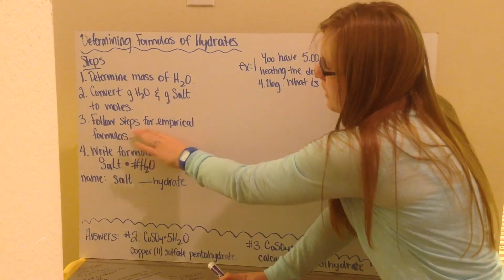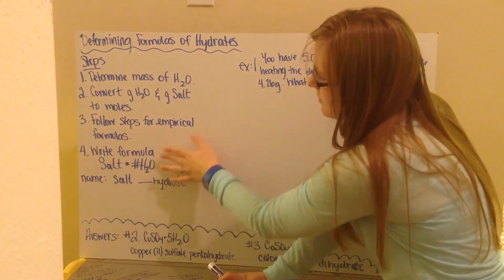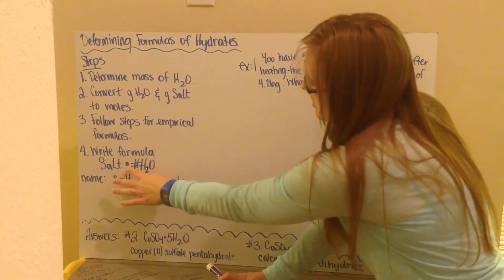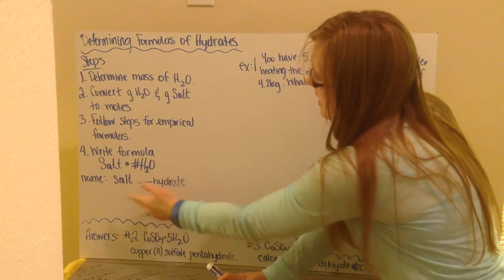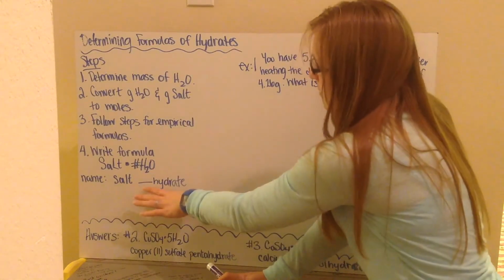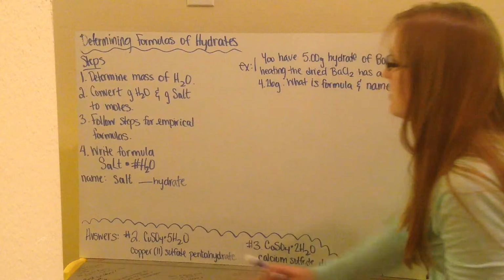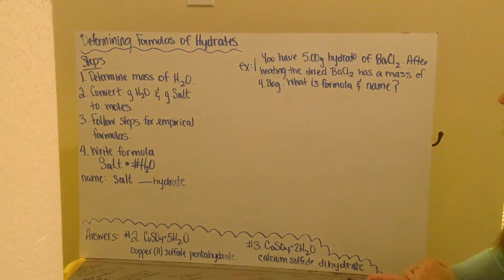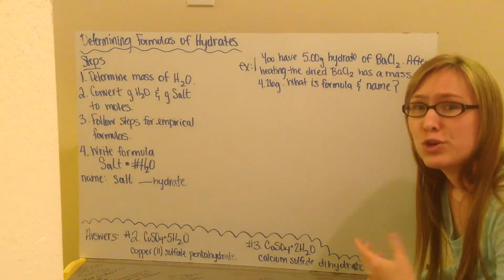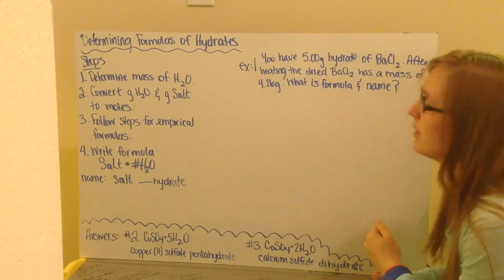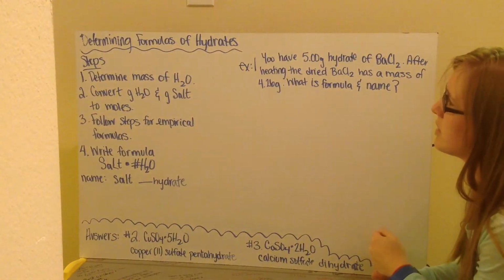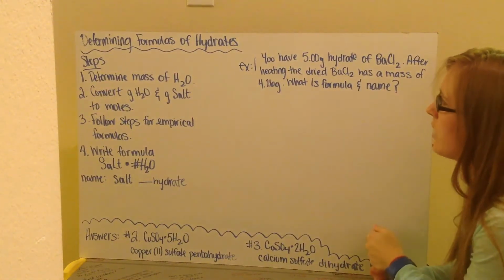Then I'm going to follow the rest of the steps for empirical formulas. Finally, I'll write the formula of my salt dot number of H2Os, and then I'll name my salt with the prefix hydrate after that. This is typically how it's done, and you're going to do a lab where you calculate your percent of water, and then you can calculate the formula for your hydrate.